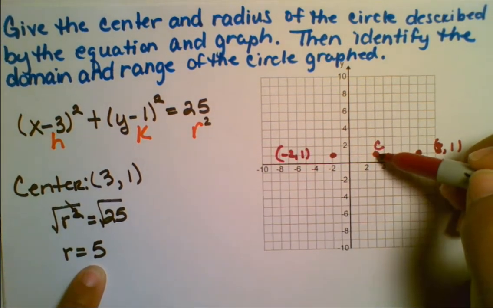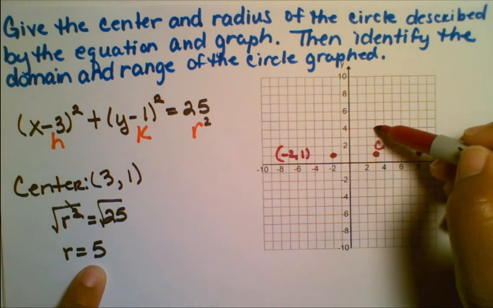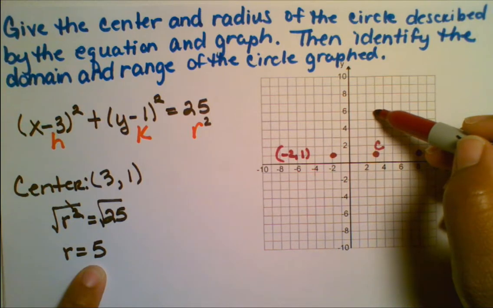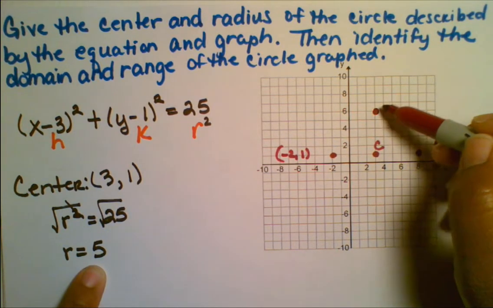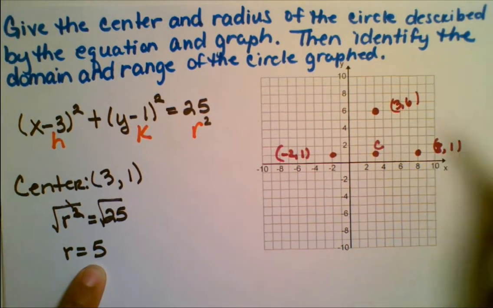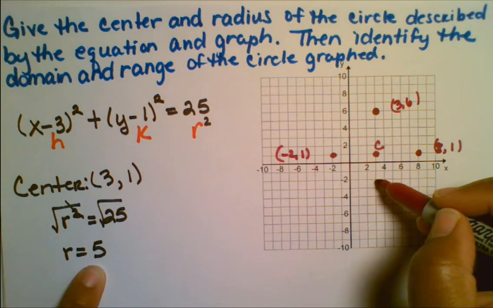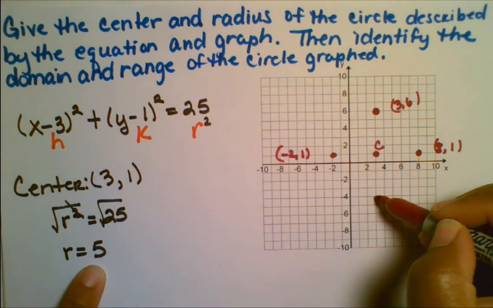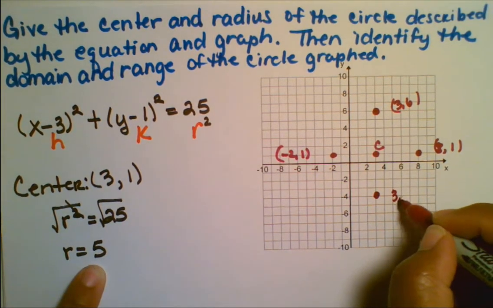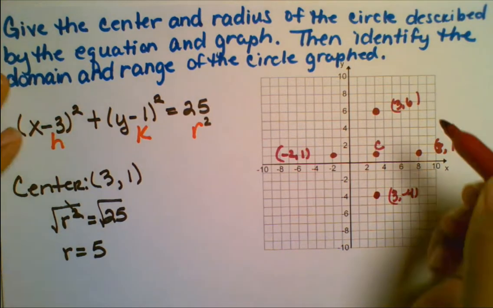Then we're going to go up 5 units, 1, 2, 3, 4, 5. That is at 3, 6. And then we're going to go down 5 units, 1, 2, 3, 4, 5. So we're at 3, -4. And then let's create our circle.